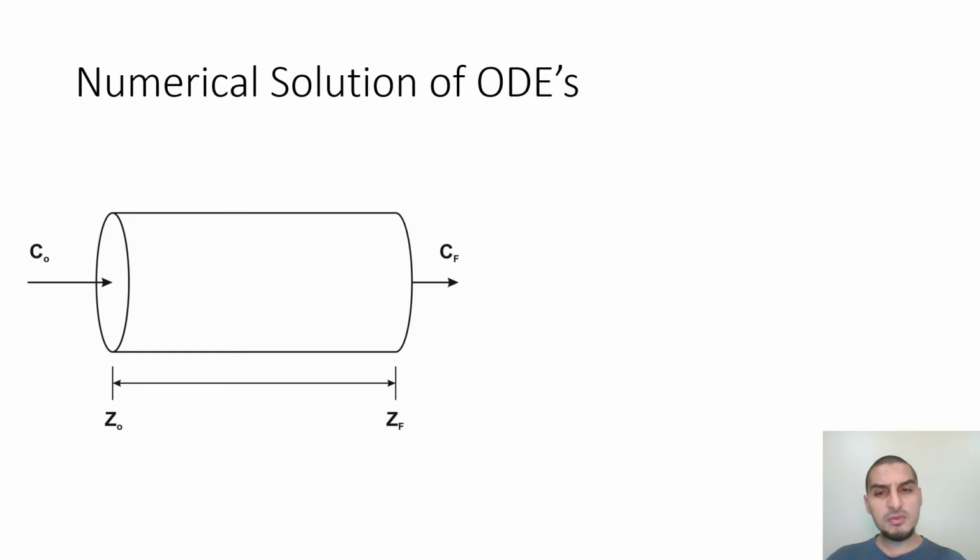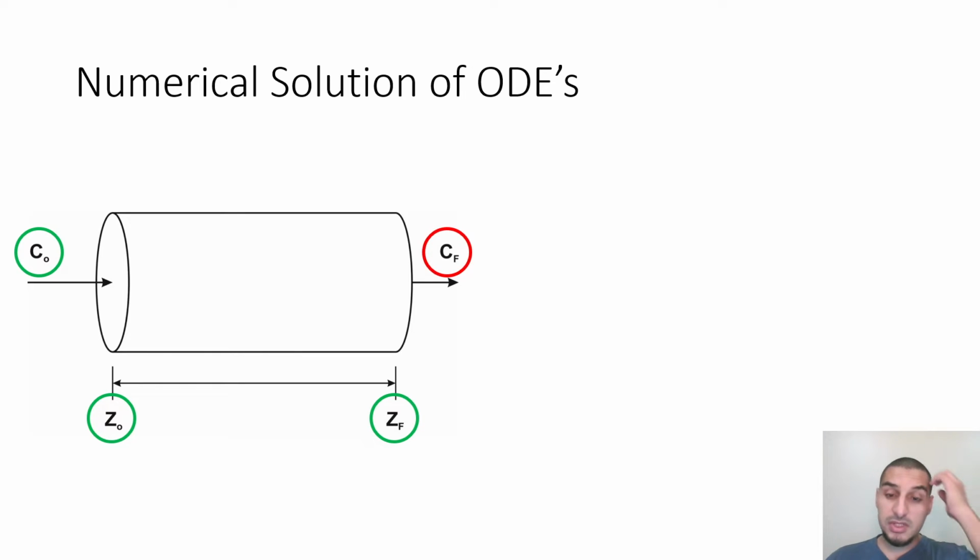To understand this numerical solution, let's say we have a plug flow reactor. I have a feed with concentration C node that is fed to a reactor that starts at length Z node and ends at length ZF. I want to calculate the concentration at the outlet, which is CF.